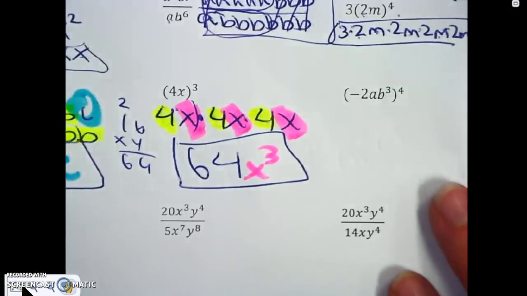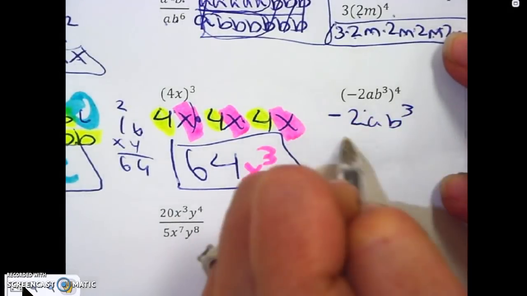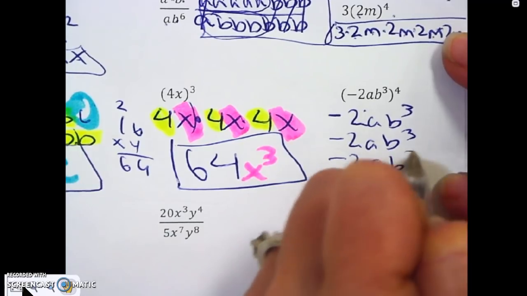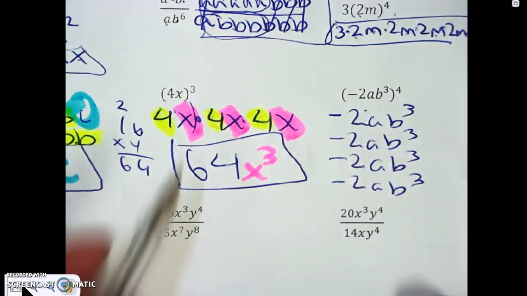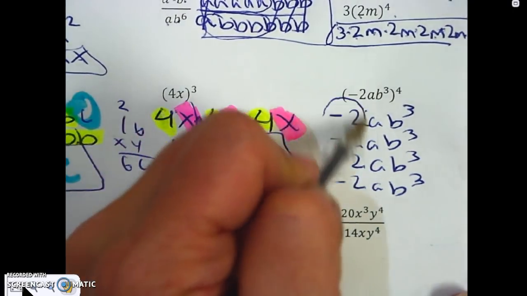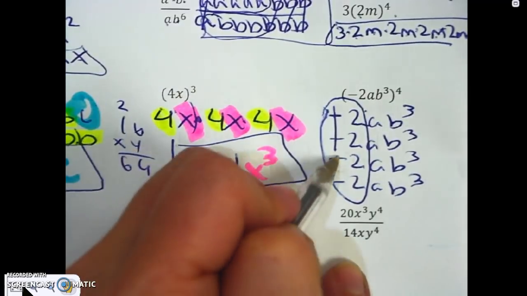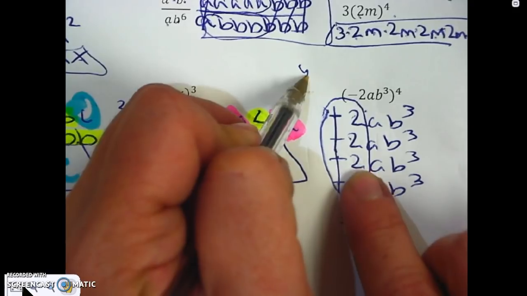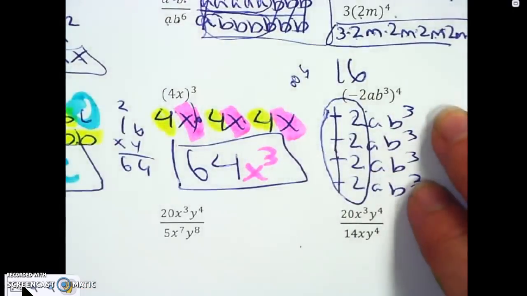The next one, I write this 4 times: negative 2ab cubed, negative 2ab cubed, negative 2ab cubed, negative 2ab cubed. But it's multiply, so I multiply. Negative, negative, positive. Negative, negative, positive. 2 times 2, 4 times 2, 8 times 2, 16.